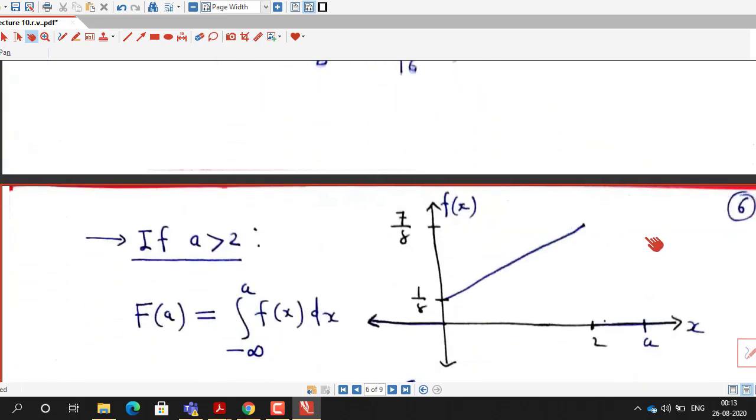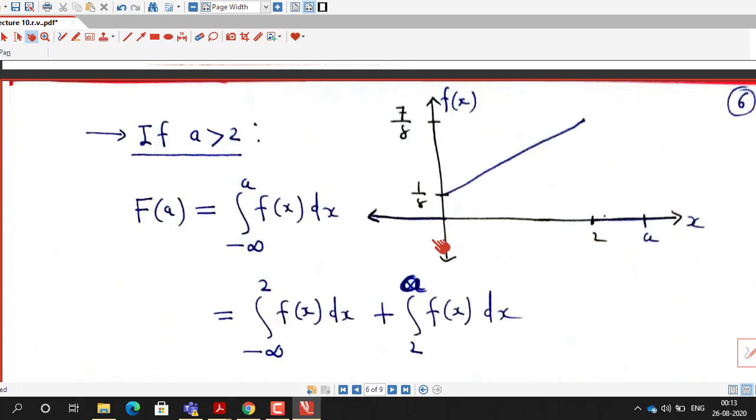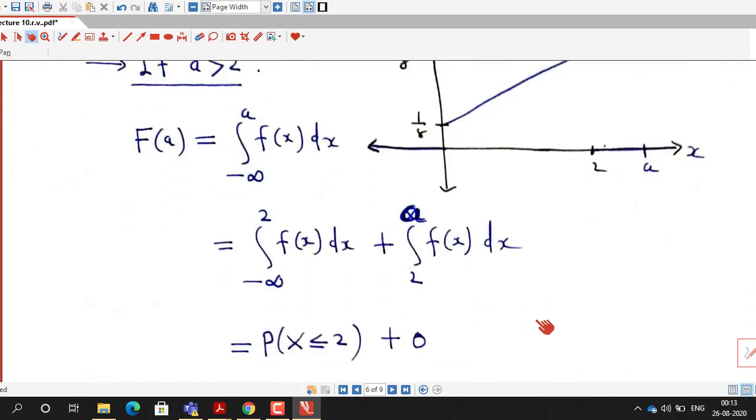Last case is if A is strictly greater than 2. So A is somewhere on the right hand side of 2. Again we go by definition, F of A is the integral from minus infinity to A of fx dx. This I can rewrite as minus infinity to 2 plus 2 to A. But the integral from minus infinity to 2 of fx dx is nothing but the probability that capital X is less than or equal to 2.